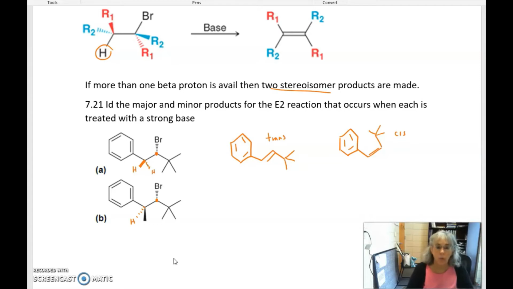So we only have one hydrogen that can be made to do this reaction, and we'll end up with a trans.